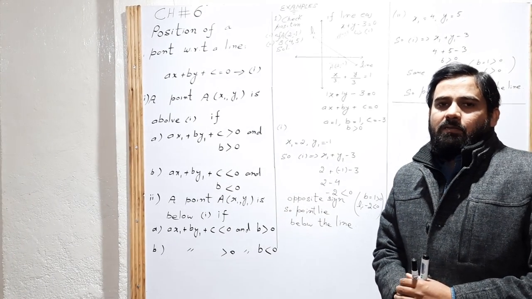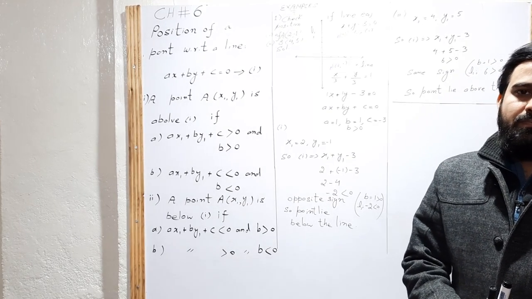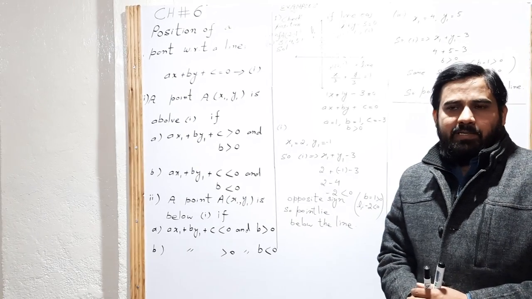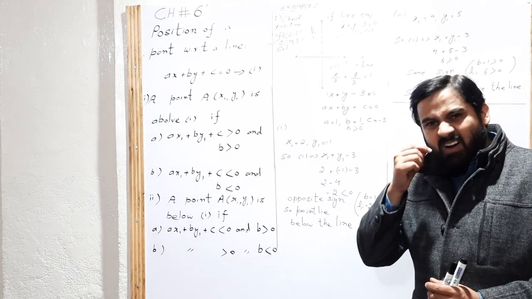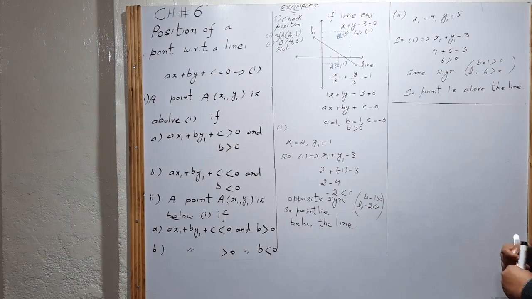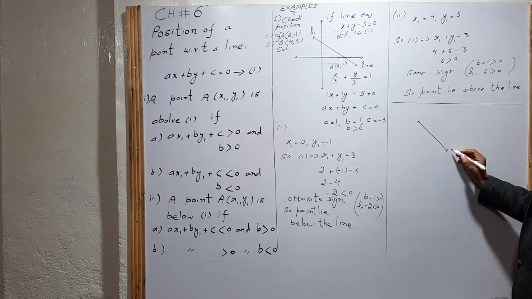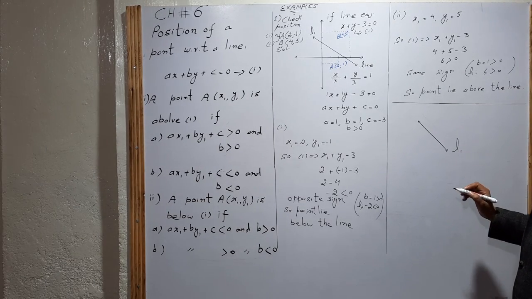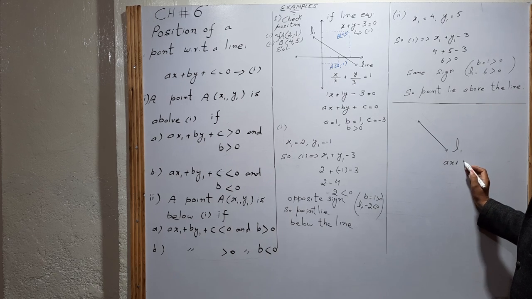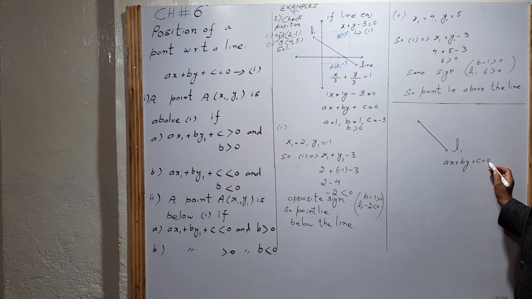Dear student, today we will discuss the idea of a point with respect to a line, whether the point lies on the line, above the line or below the line. For example, there is a line, say L1, and the standard form of the line equation is ax plus by plus c is equal to 0.